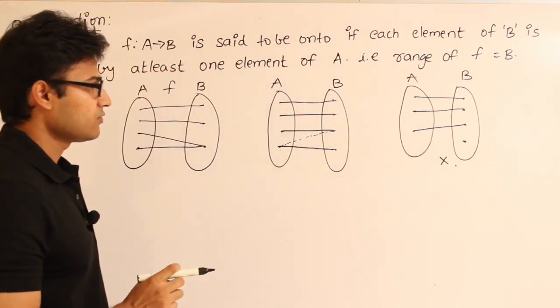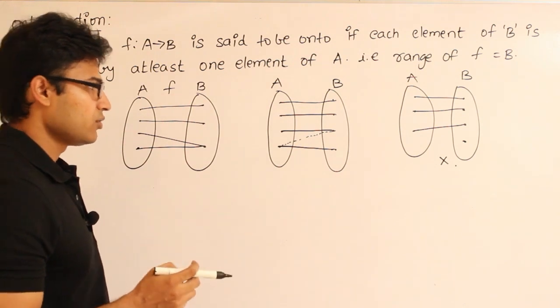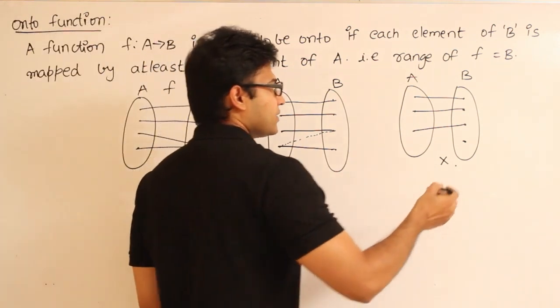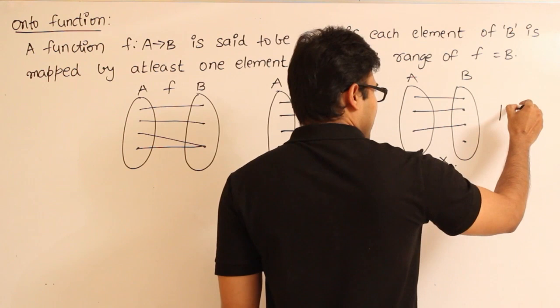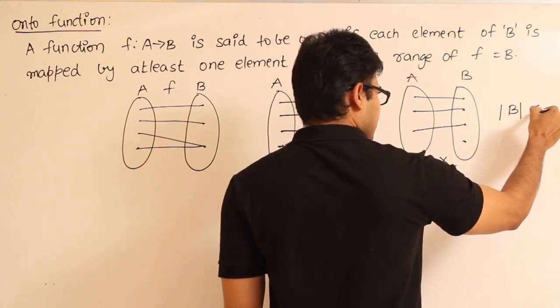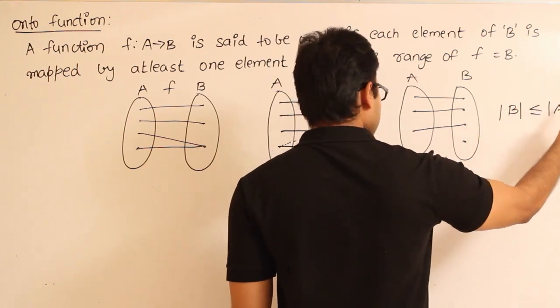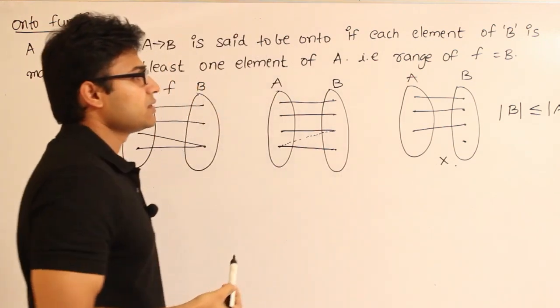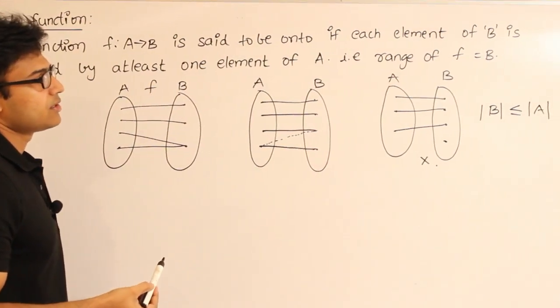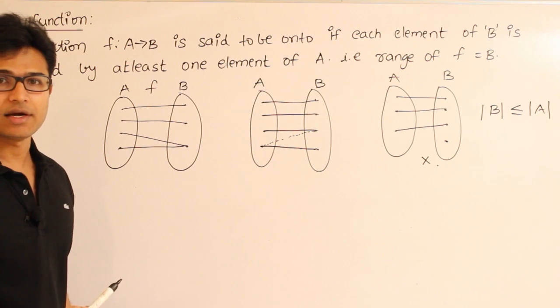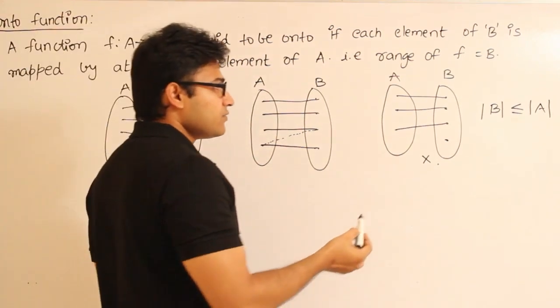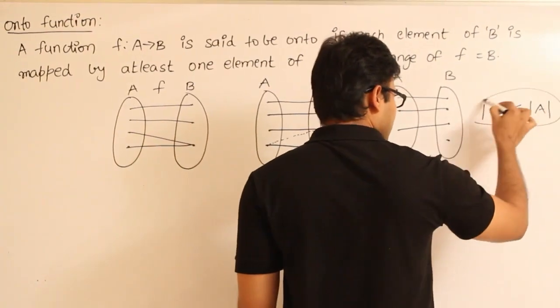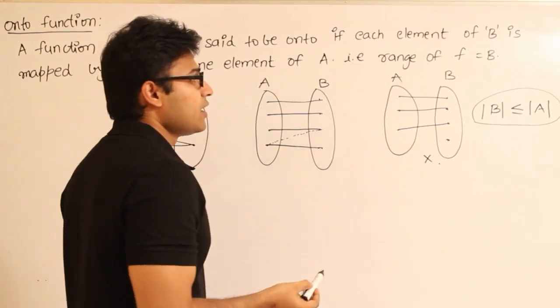So the condition for a function to be onto is like this: the number of elements in B should be less than or equal to the number of elements in A. It is not a sufficient condition, it is a necessary condition, which means even if this is satisfied, it does not mean that the function will be onto.